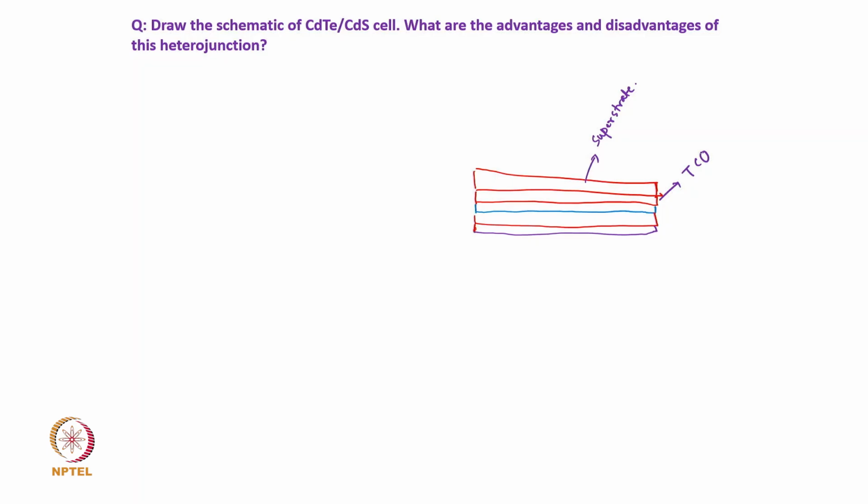Generally zinc oxide is used as TCO, and then we have a thin window layer, which is CdS, then followed by our absorber layer CdTe, and then this is the back contact. Typically molybdenum is used as back contact.